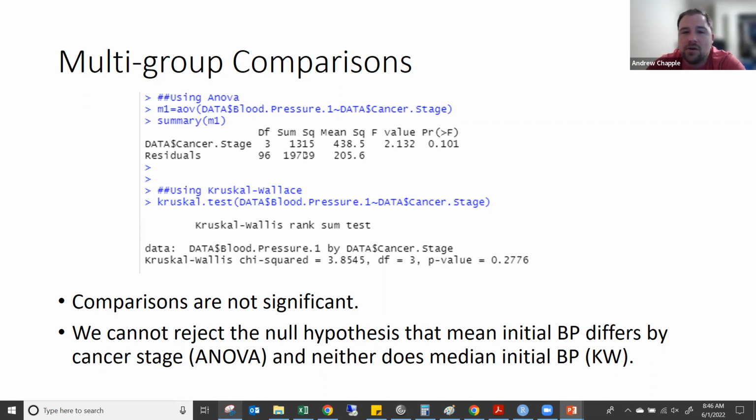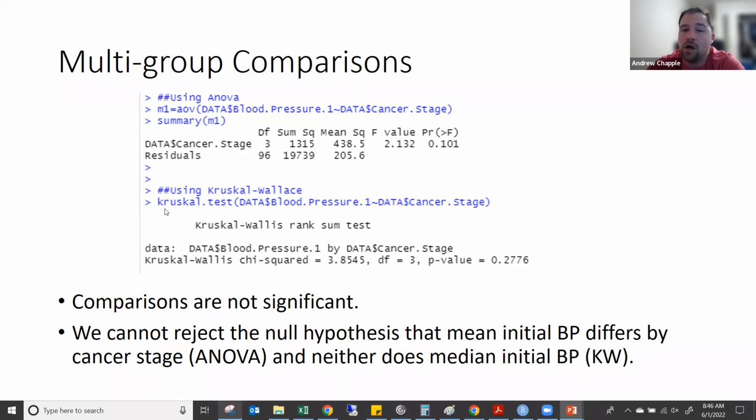So here I see, okay, look, it looks like overall I had 3 degrees of freedom by cancer stage, because I have 4 groups. 4 minus 1 is 3. I had 100 data points. So my sum of squares residual is 96. And really all you need to know is this p-value here. So this p-value is 0.101, which means I fail to reject the null that the mean blood pressures are different by group.